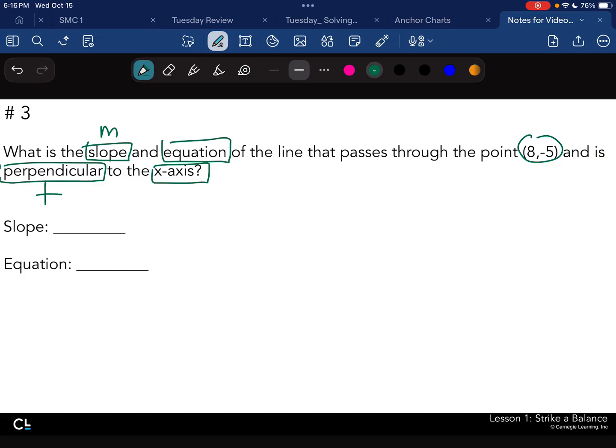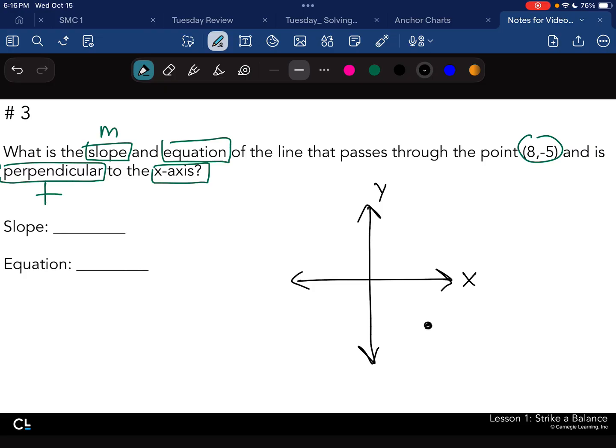So when you don't have a graph, you don't have to remember the rules. Draw it out. I'm just going to draw a simple x and y graph. And I know that the point is 8, -5. So I know that my x value is positive and my y value is negative. So it should be somewhere over here.